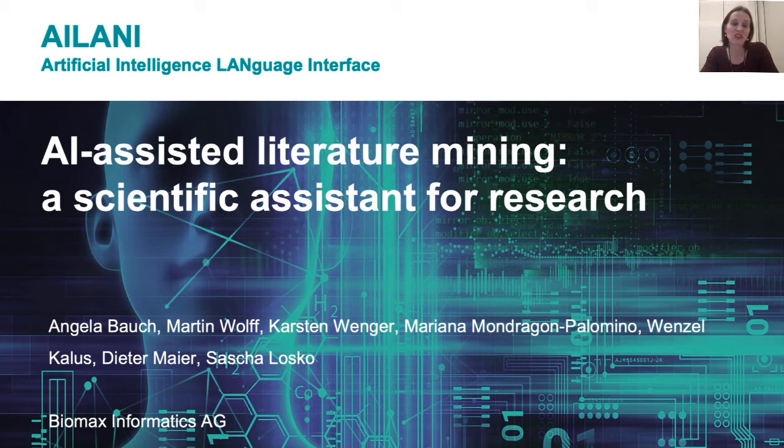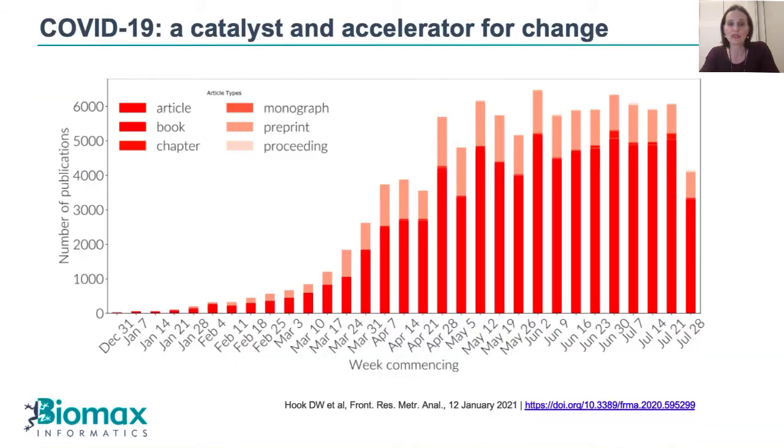In today's lecture, I will show you how we combine ontologies, semantic modeling, linguistics, and artificial intelligence algorithms to better identify relevant information from the continuously increasing amount of literature. COVID-19 has created an unprecedented global research activity, resulting in 100,000 publications within only a few months.